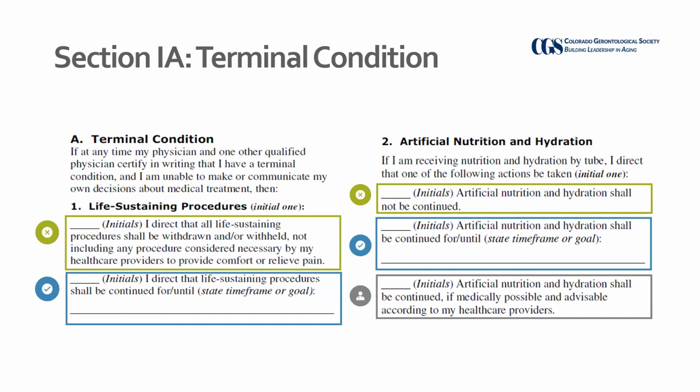And artificial nutrition and hydration, this is a fluid that is given to you via IV. It's very important, and this is why I say have the conversations with your doctor beforehand, because our medical history, conditions, and so on could make a difference in this area in what choice we make. So this is the first area. Terminal condition, you have to say if you want life-sustaining procedures and if you want or don't want artificial nutrition and hydration.